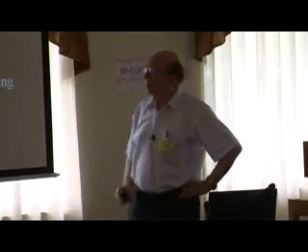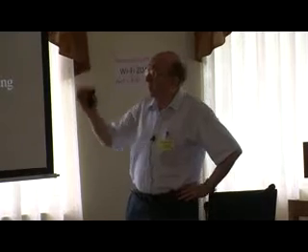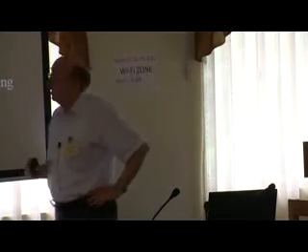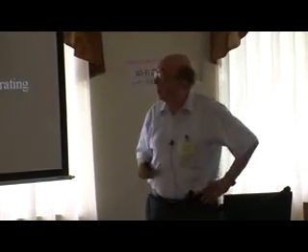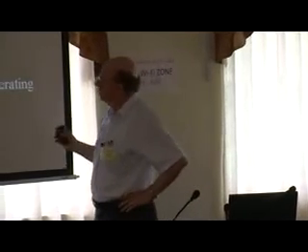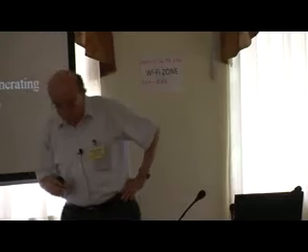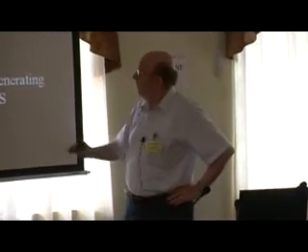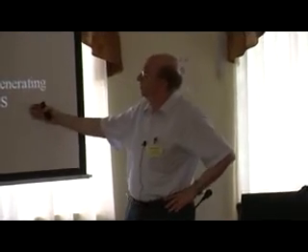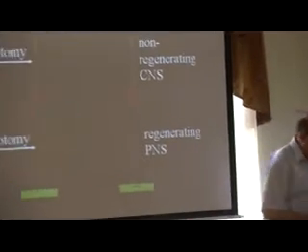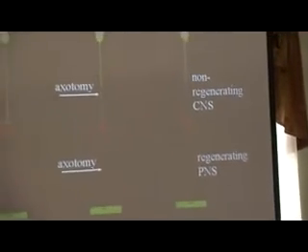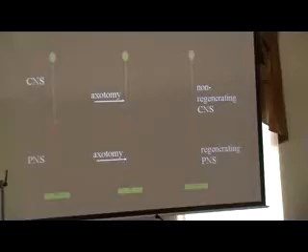Okay. So I would like to remind you that we discussed yesterday the ability of CNS and PNS neurons to regenerate. And we heard from John and from what I told you that PNS axons readily regenerate, whereas adult central nervous system axons do not.